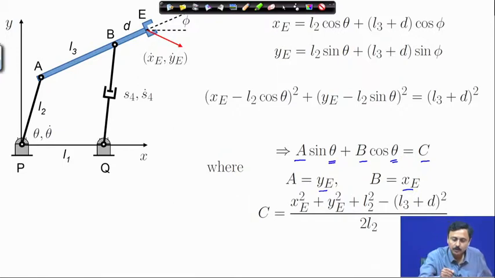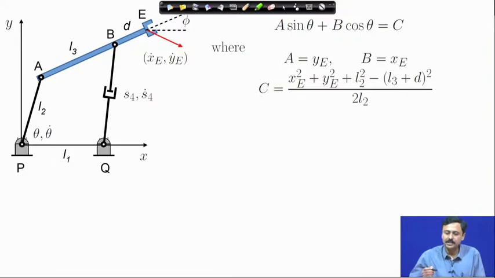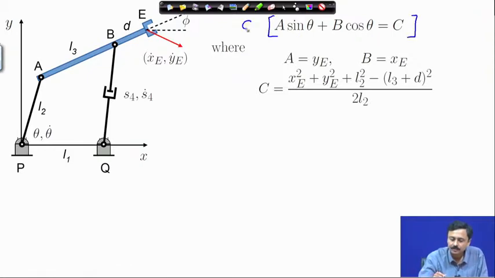Now, what we are going to do with this relation is differentiate it with respect to time.